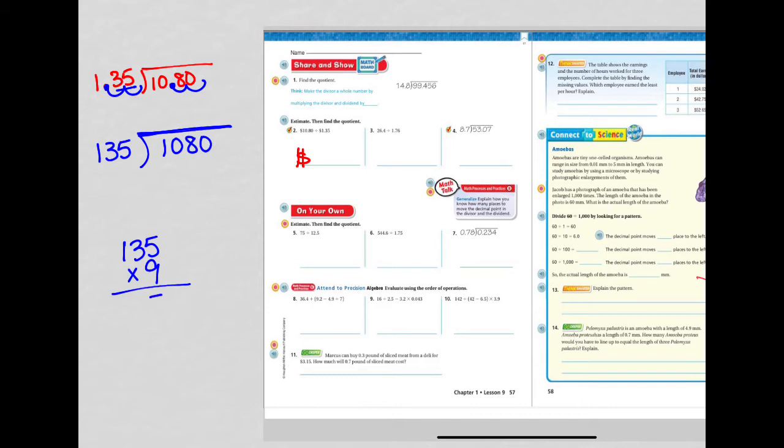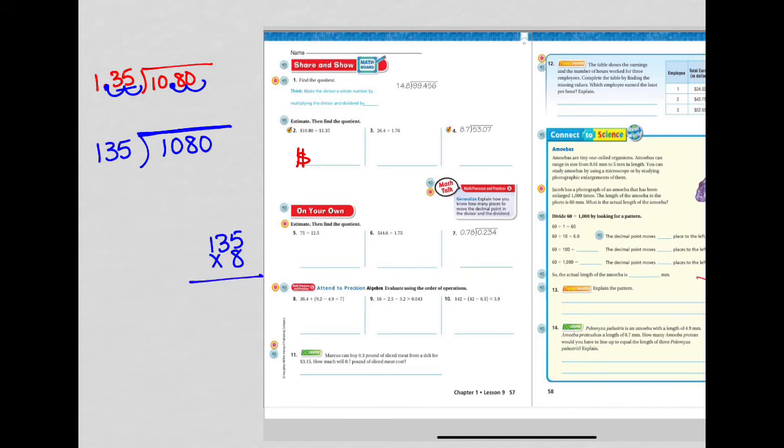So 9 times 5 is 45. 9 times 3 is 27, plus 4 more is 31. 9 times 1 is 9, plus 3 more is 12. So looks like I may have to try the 135 times 8. I'm going to go ahead and erase this work just so that I have more room.